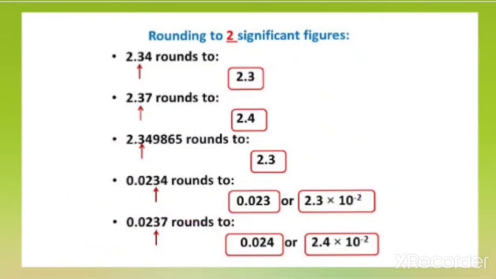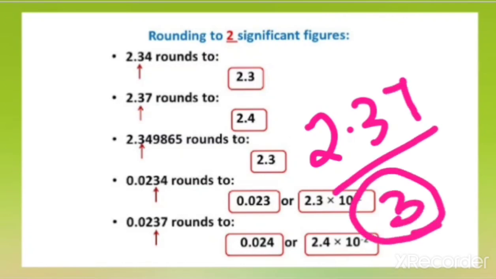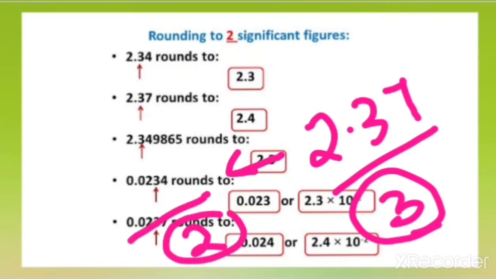But when we take the next example, 2.37. What is the significant figure for this one? It is 3. But we have to round off this number into 2 significant figures. So how we round off this one? 1, 2, 3. Here 3 significant figures are there. So we have to remove this last digit, that is 7.